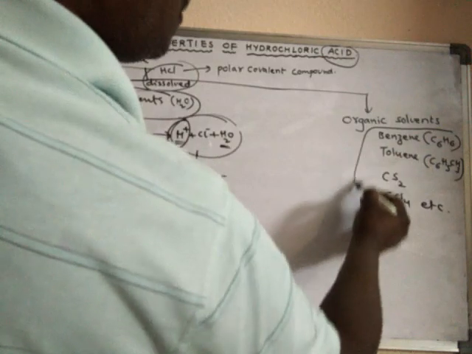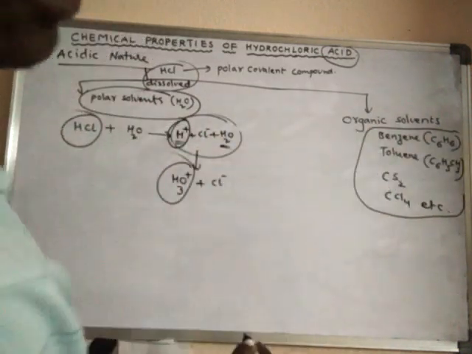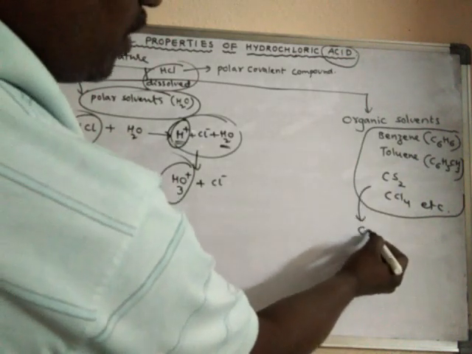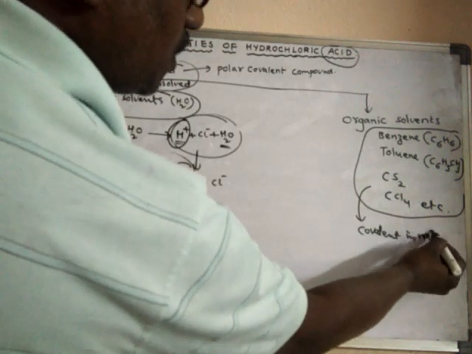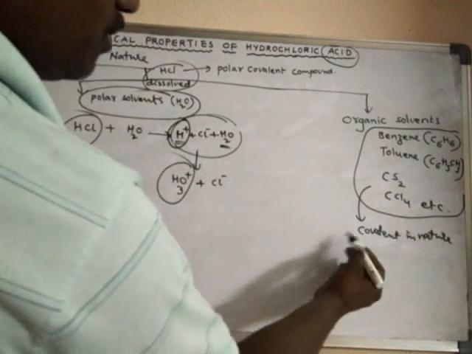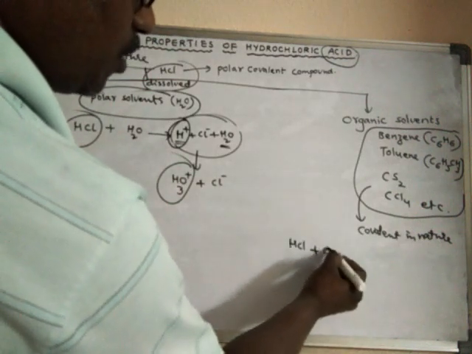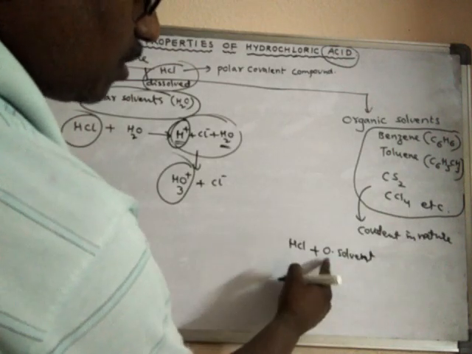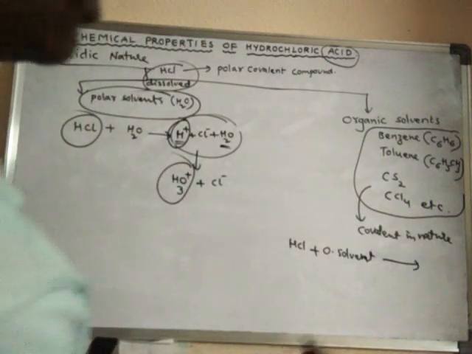These organic solvents are covalent in nature. So in the presence of organic solvents, HCl does not break down into ions.